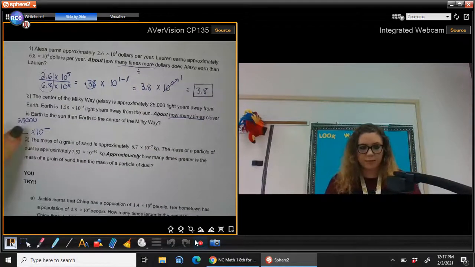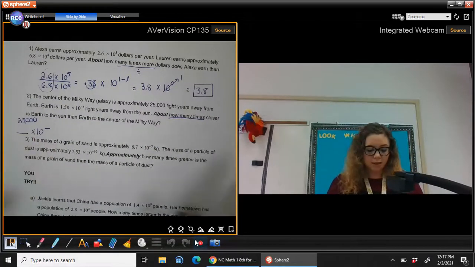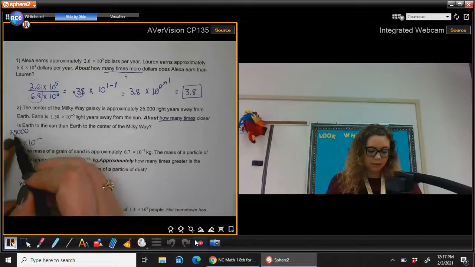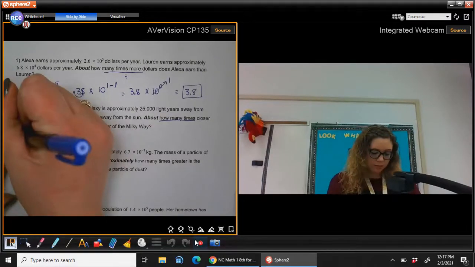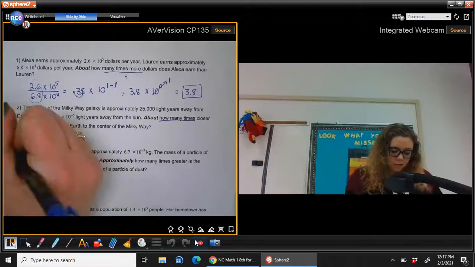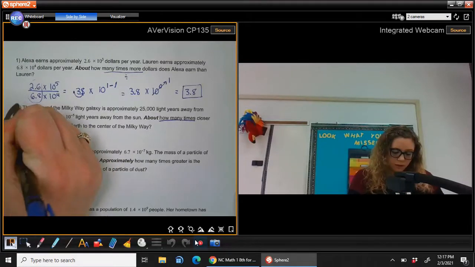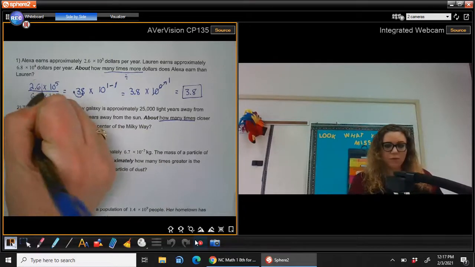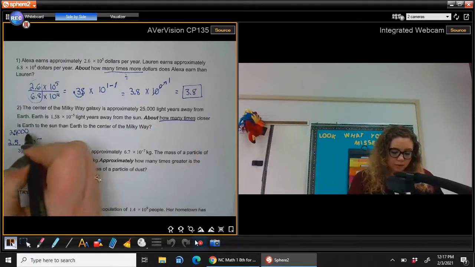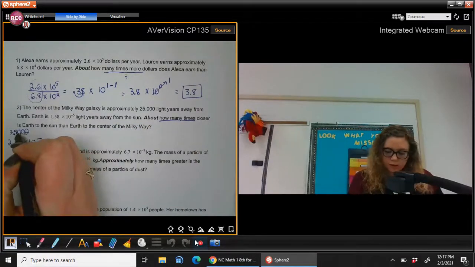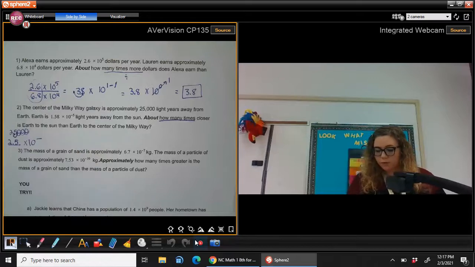Since this is a big number, my exponent is going to be positive. So we want to get the decimal to be right here. Well, that number is between 1 and 9.9. And how many times do I have to move the decimal? So that is 1, 2, 3, 4.